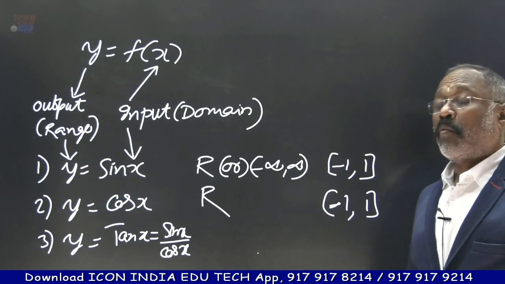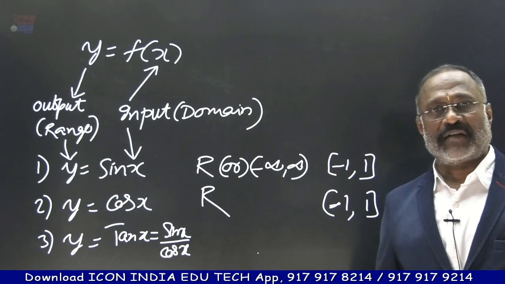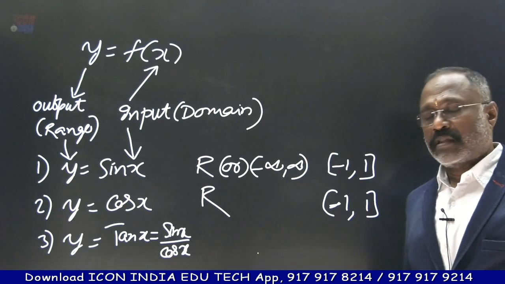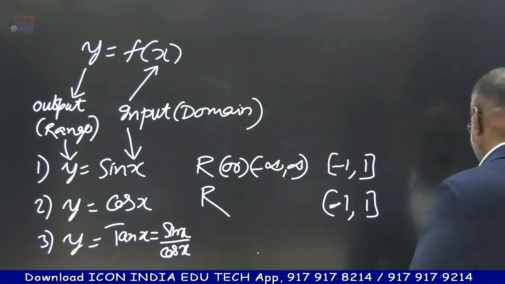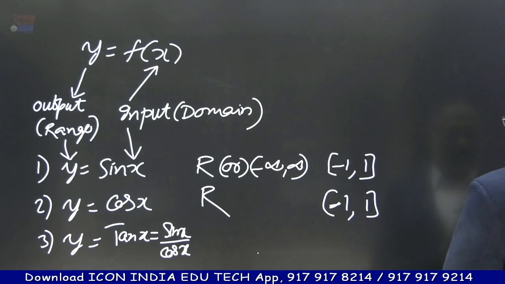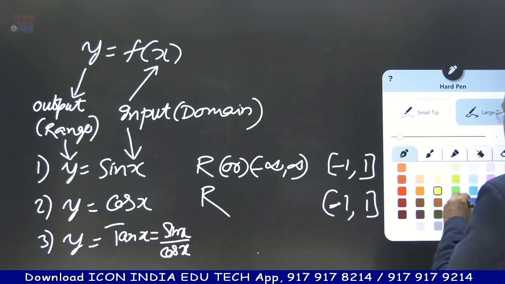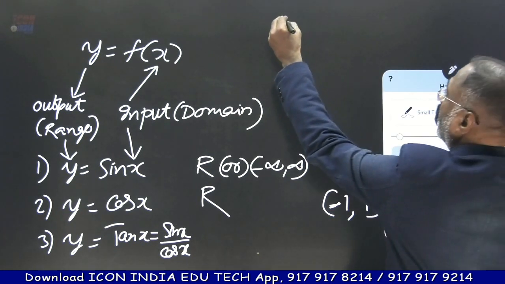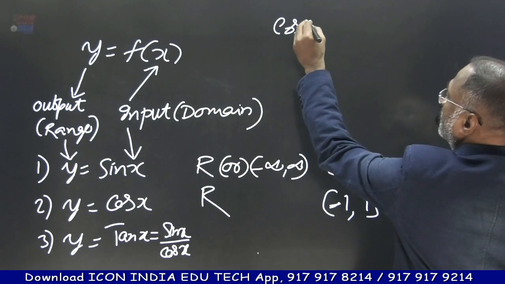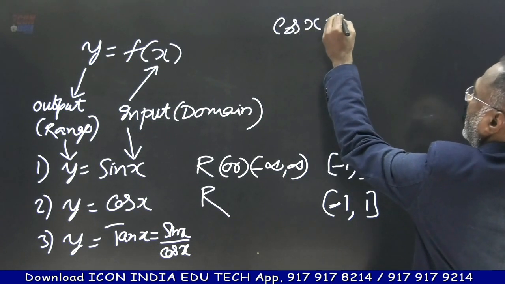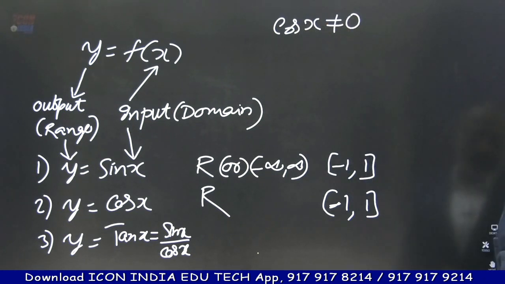And hence, what are the values that are not to be given to tan x here? That will be decided like this. Take the denominator, cos x. You should not give those values to x that make cos x 0.